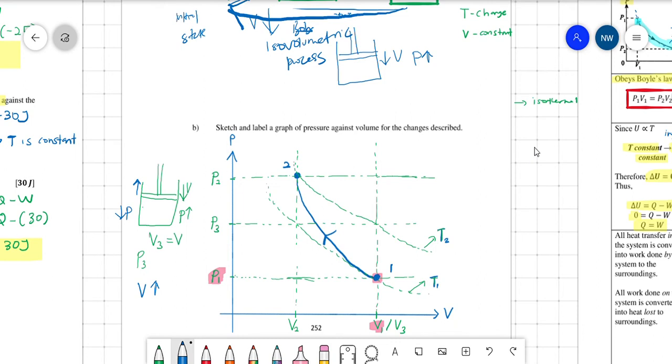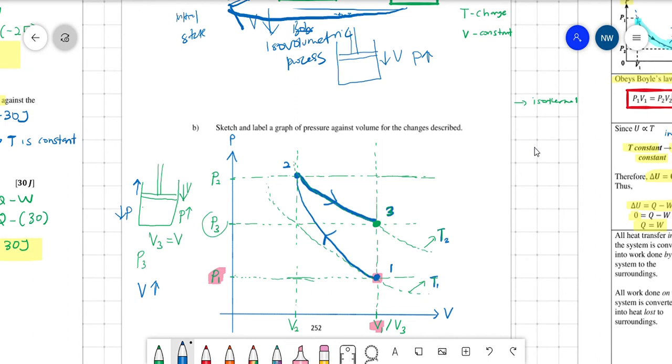You need to locate first where your third state is. Your third state would be P3, and the volume is V1, or V3, which is the same. So this is the third state. Going from state 2 to state 3 is isothermal, so you just follow the dotted line here, because in isothermal expansion the temperature is constant along the process.